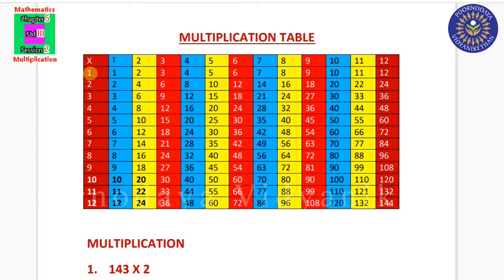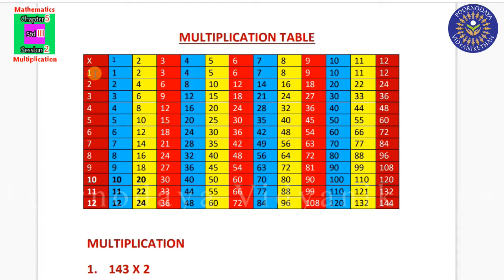We can read like this: 1, 1 is 1; 2, 1 is 2; 3, 1s are 3; 4, 1s are 4; 5, 1s are 5. Clear?